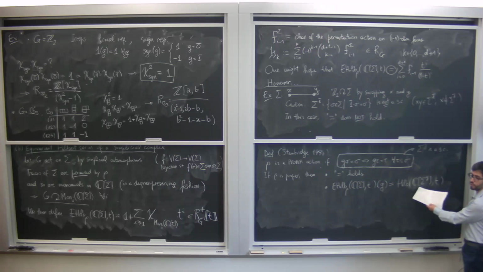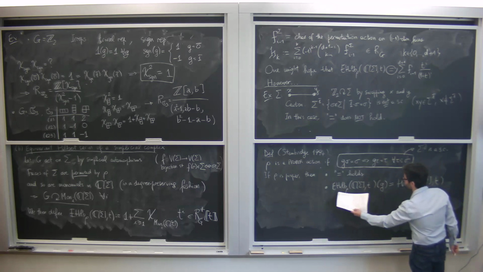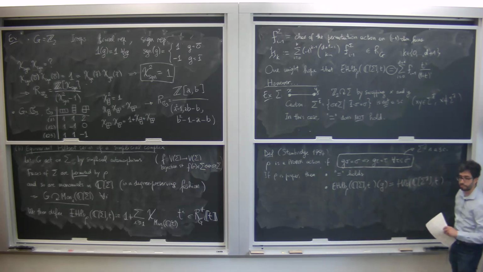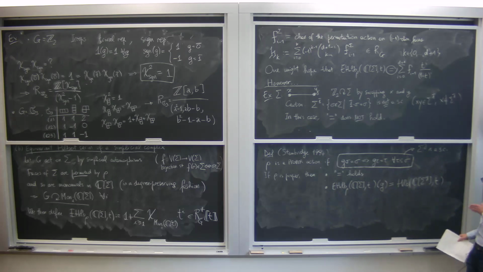So now it makes sense to consider this as a Stanley-Reisner ring. It has a Hilbert series, and it happens to equal what you get when you evaluate the big object at g. So in this sense, the equivariant object remembers both the standard thing and all the g-fixed stuff at once.